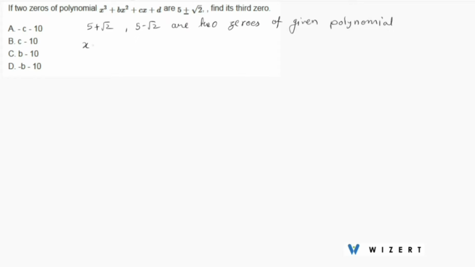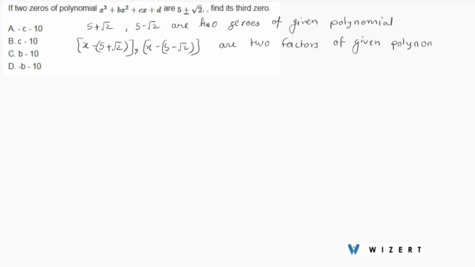we can say x minus 5 plus root 2 and x minus 5 minus root 2, these two are factors of given polynomial by factor theorem.